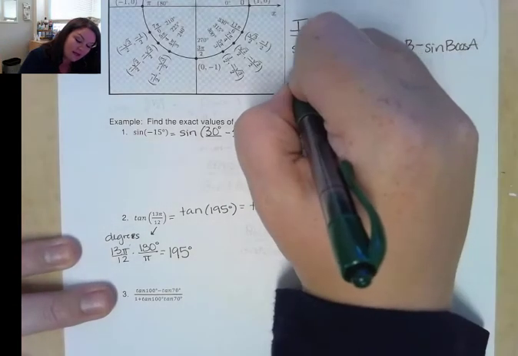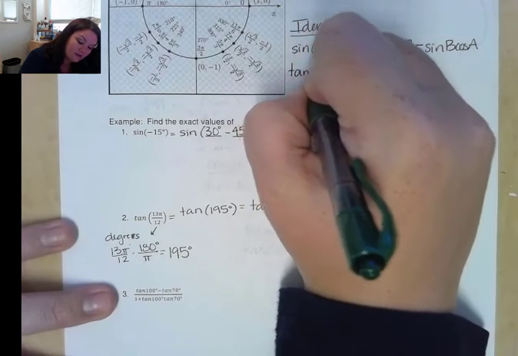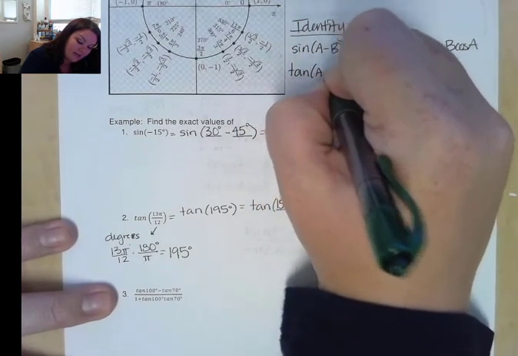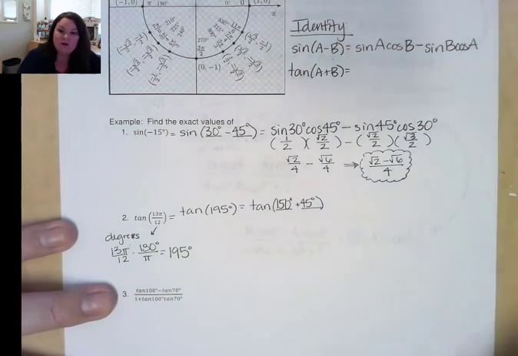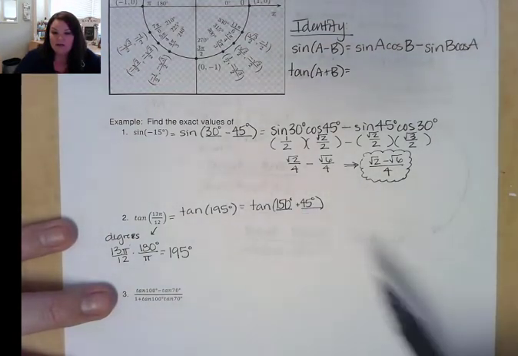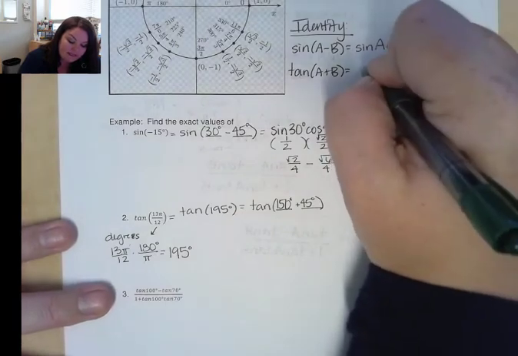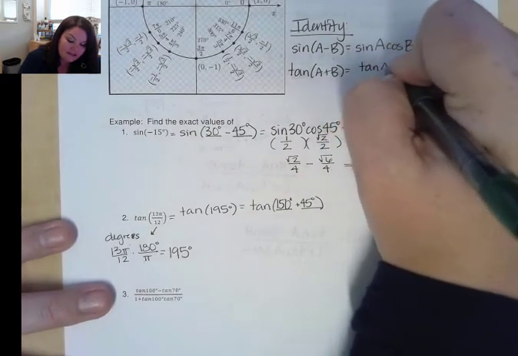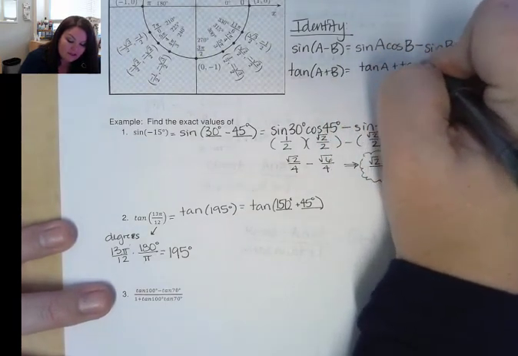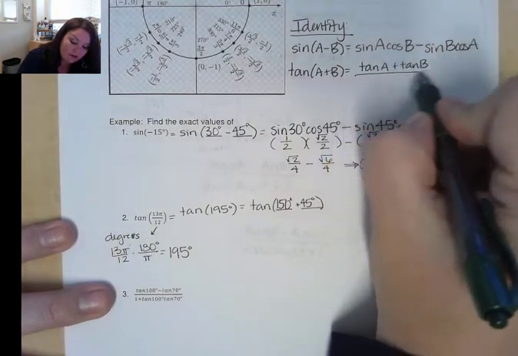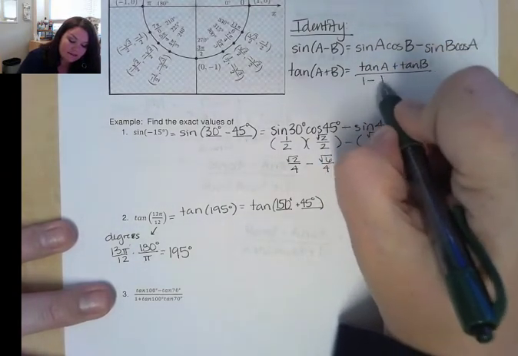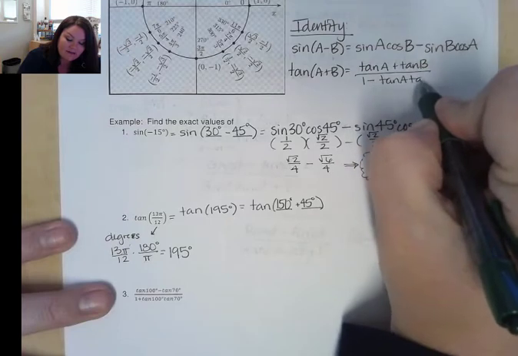So I'm going to go ahead and write the identity that I'm going to use is tangent of A plus B, because I found two numbers that add to 195, right? And my tangent formula says that I do tangent A plus tangent B all over 1 minus tangent A tangent B.